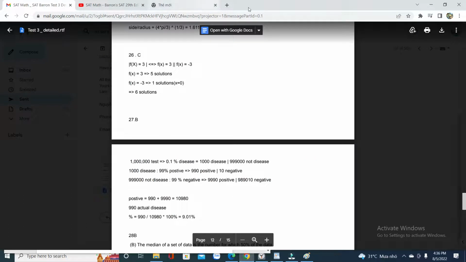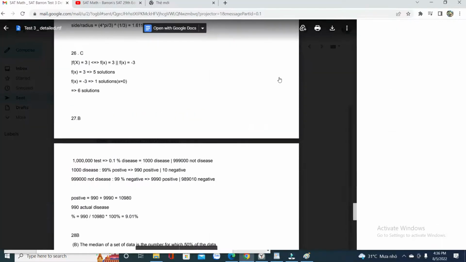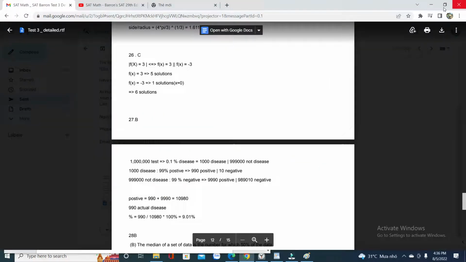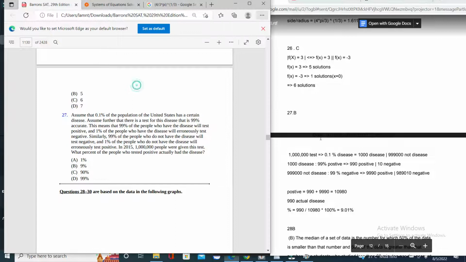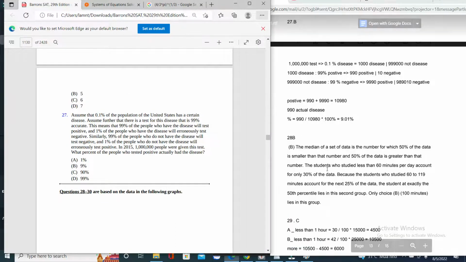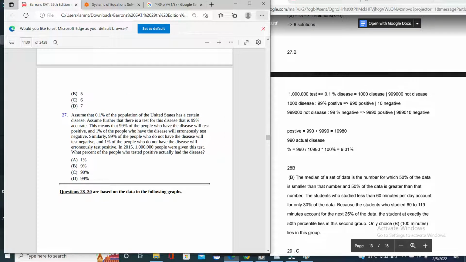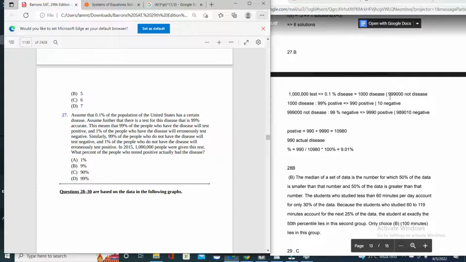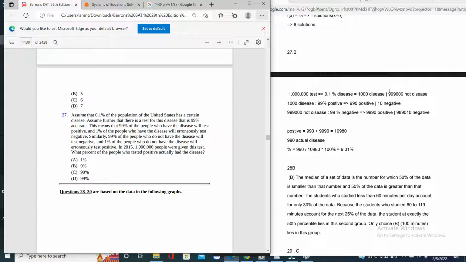Okay, so we have 1 million tests, right? 1 million tests, and we know that 0.1% has the disease. So we have 1,000 cases of disease and 999,000 cases will not have the disease.